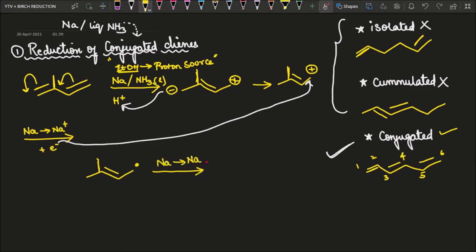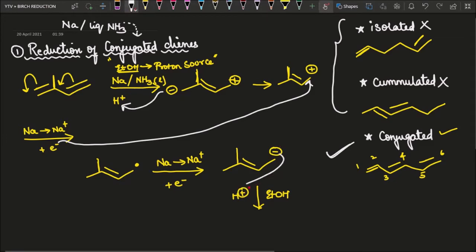One more electron is going to be donated, and thereby it is going to now form an anion. And in the last step again, ethanol will donate an H plus ion, and this H plus ion will get added over here, and this particular double bond has been reduced. So your final product is going to look something like this.